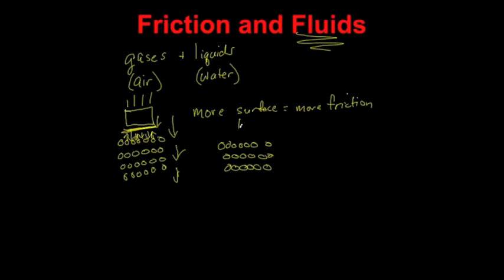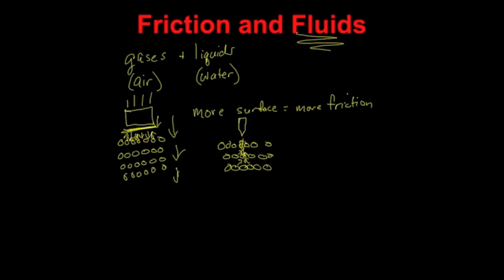So for instance, if we had fluid molecules here, and we had a sharp edge, like the tip of a jet or something like that, cutting through the fluid molecules, it comes in contact with much fewer molecules. So the resistance, the fighting back, the Newton's third law, is reduced. Not as many molecules are pushing back on the surface of the object.